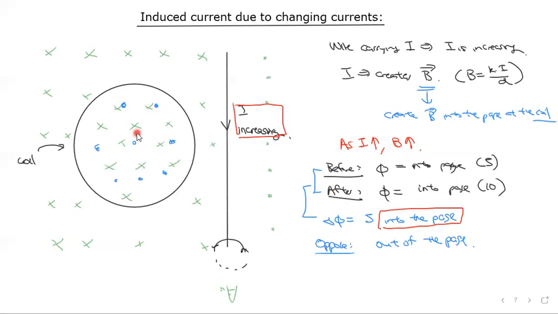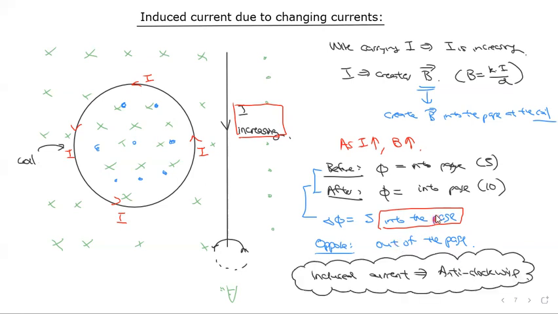And to create out of the page, using a right-hand grip rule, that means you're going to get an induced current that would flow anti-clockwise here. The anti-clockwise direction, using a right-hand grip rule, will create a magnetic flux out of the page, which is exactly what you need. So the result is an induced current that will be anti-clockwise.